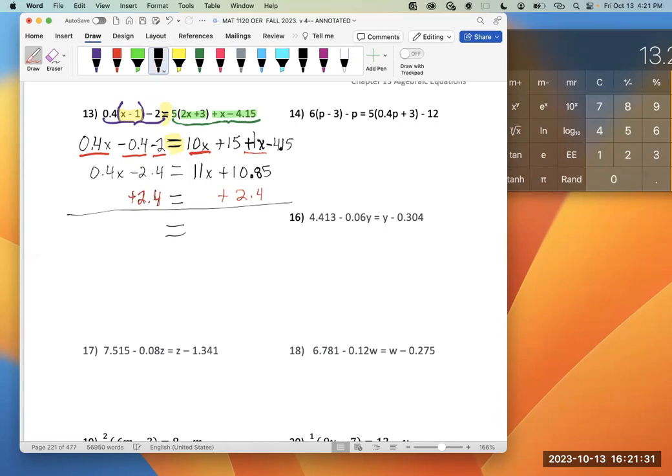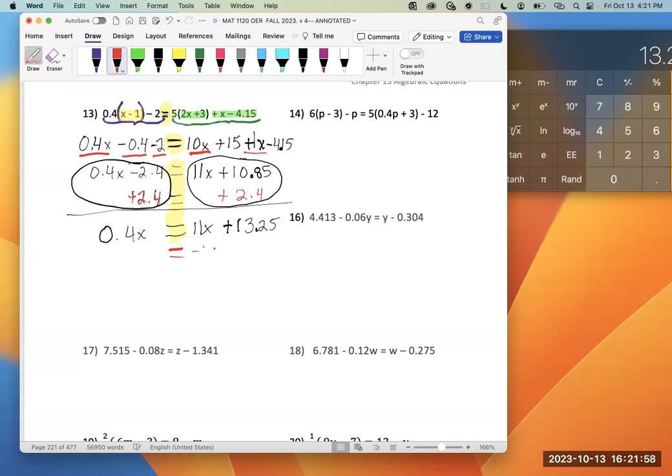Again, you'll notice I'm keeping my equal signs lined up. I'm adding everything on the right side, adding everything on the left side. I still have x's on both sides of the equation.